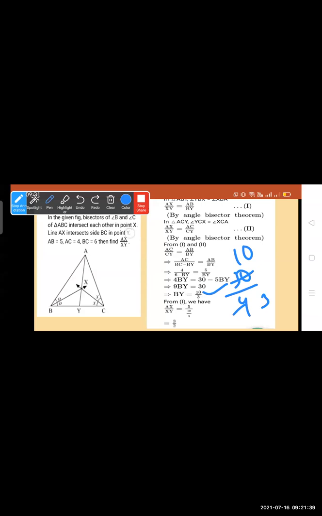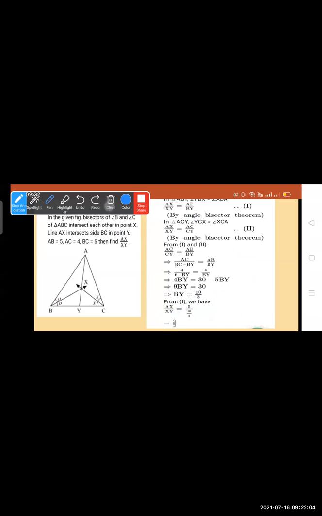But here we find AX by XY. So from this AX by XY, AB is 5 and BY is 10 by 3. So take this 3 upper side. So 5 ones are 5, 5 twos are 10. So 3 by 2. So your answer is 3 by 2.